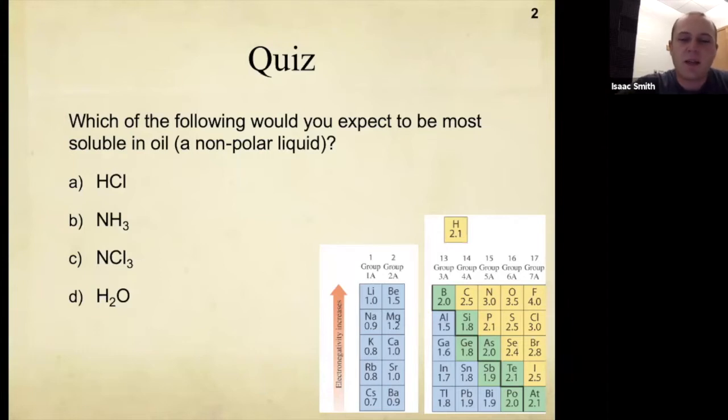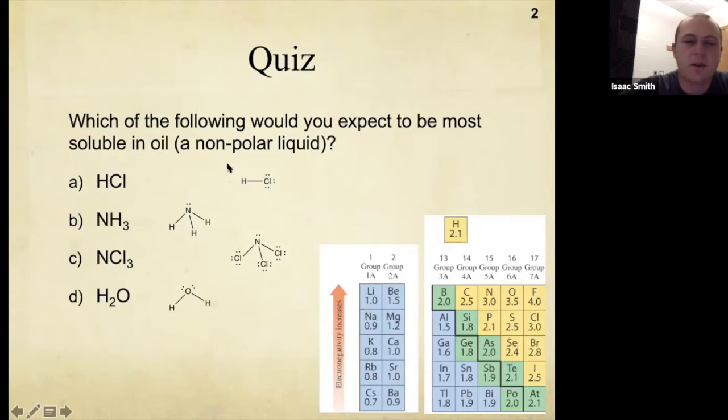So the main idea to remember is that like dissolves like. What that means is nonpolar liquids will dissolve nonpolar liquids, and polar liquids are more likely to dissolve polar liquids. If you draw out the Lewis structures for all of these, we have hydrochloric acid, which is definitely polar.